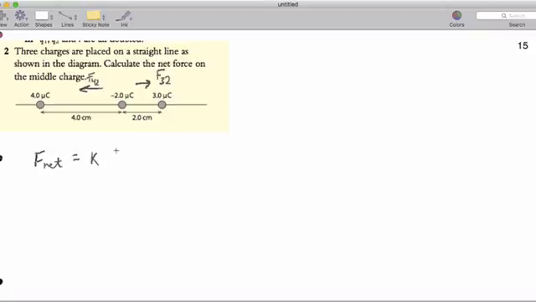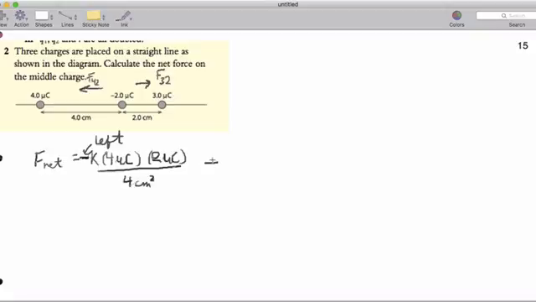K times 4 microcoulombs times 2 microcoulombs over 4 centimeters squared. And I'm going to put a negative sign out here to indicate that the force goes to the left.